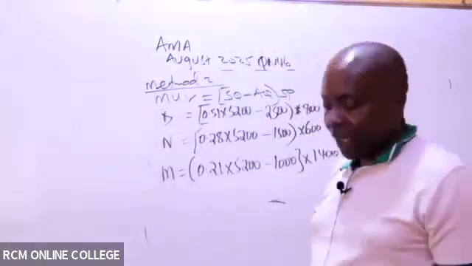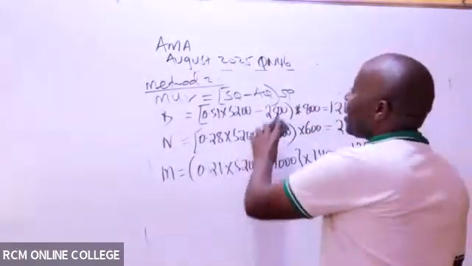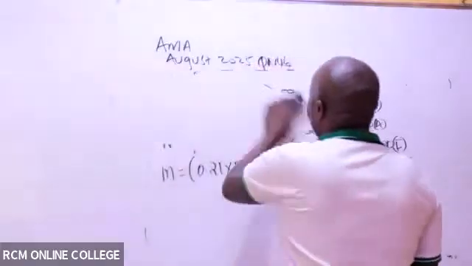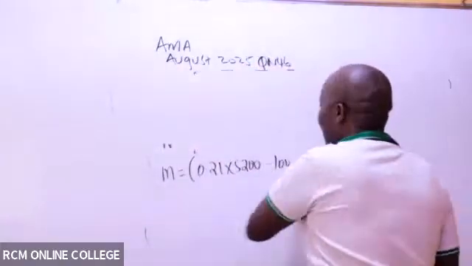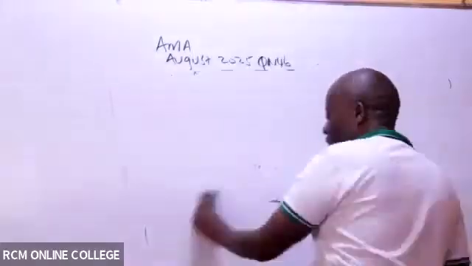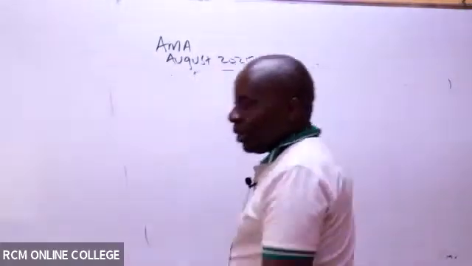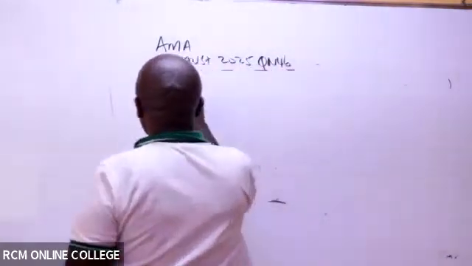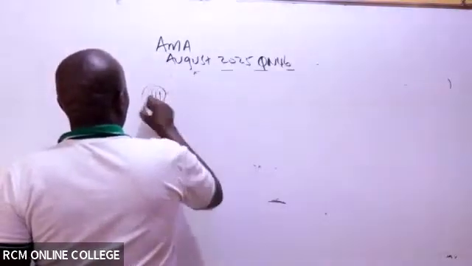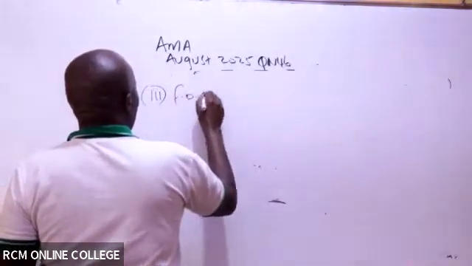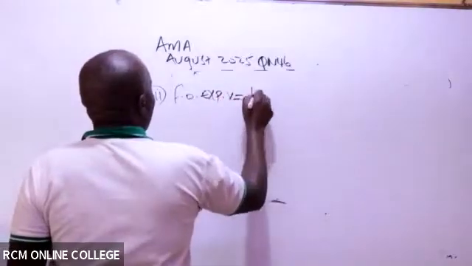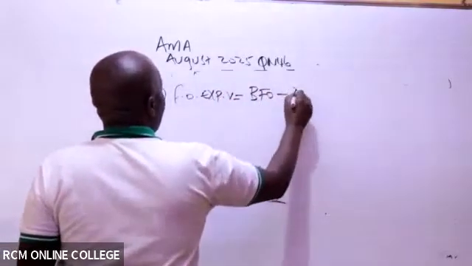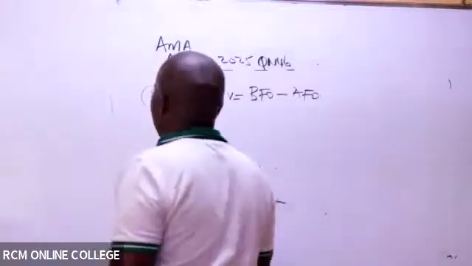Ordinarily, this is a fixed overhead cost variance. Roman 3 of this question, ordinarily, any fixed overhead expenditure variance is budgeted fixed overheads minus actual fixed overheads.